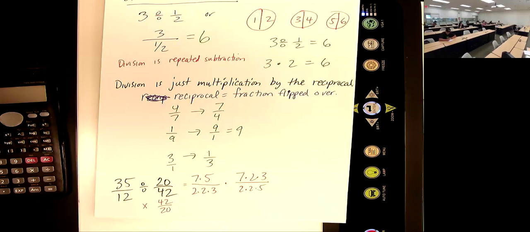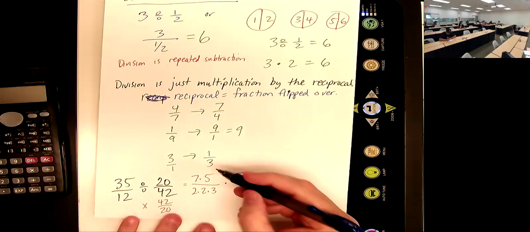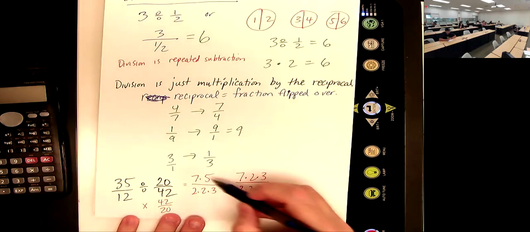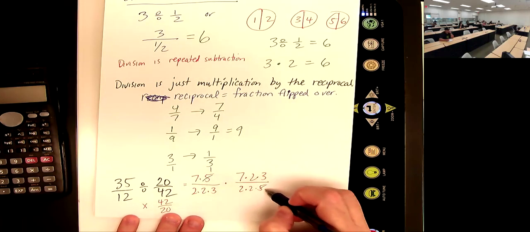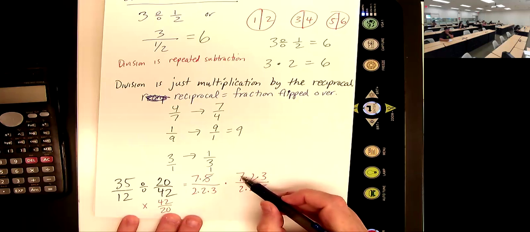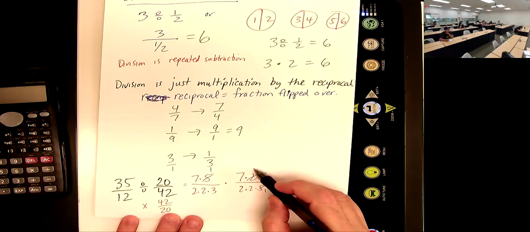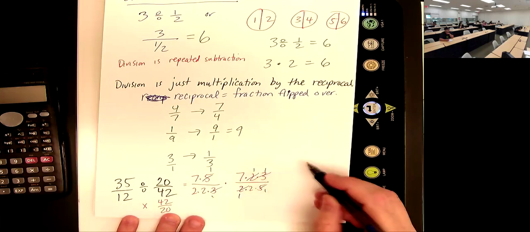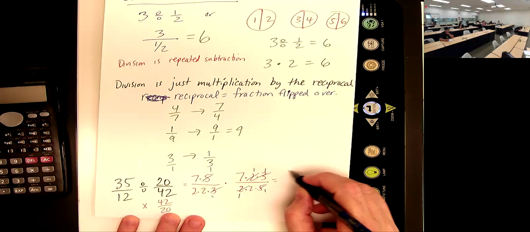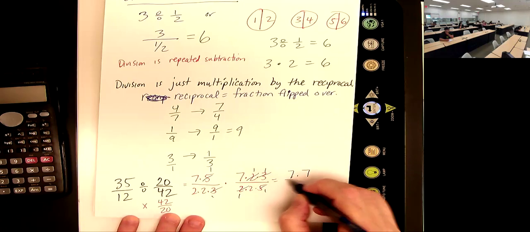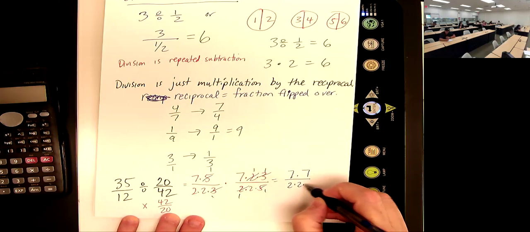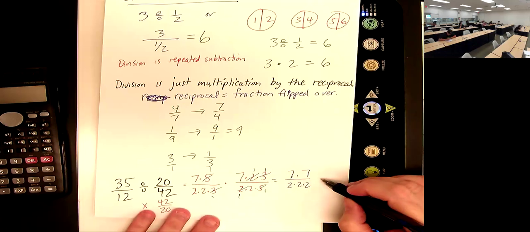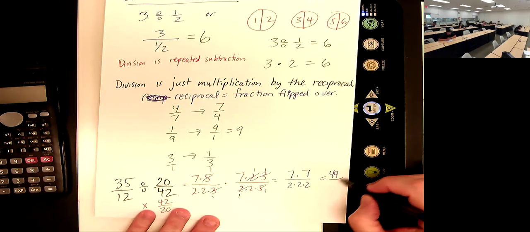And what cancels out here? Go across the top, 7 doesn't cancel, 5 cancels. That 7 doesn't cancel. This 2 can cancel with that one. This 3 can cancel those. I'm left with 7 times 7 on top, 2 times 2 times 2 on bottom. So 49 over 8.